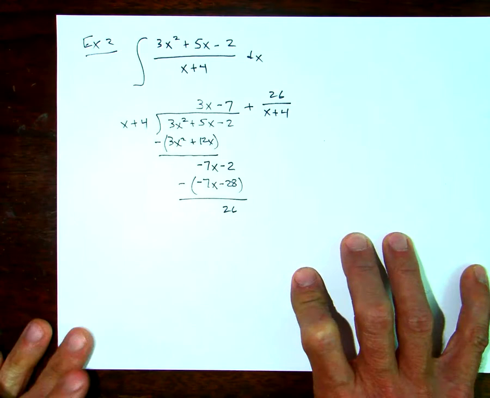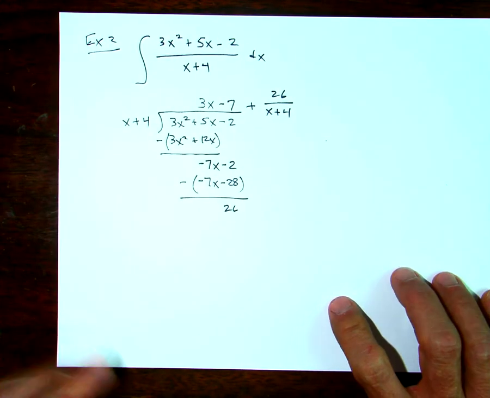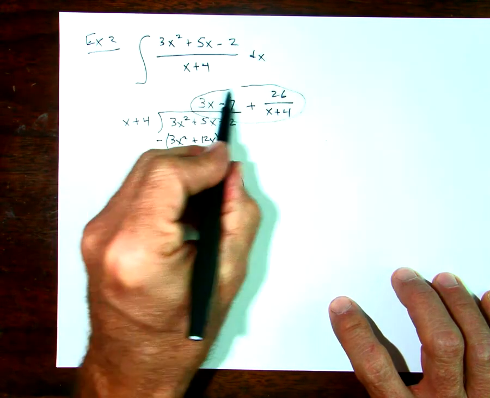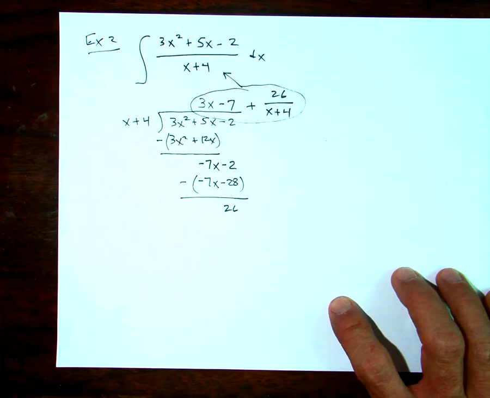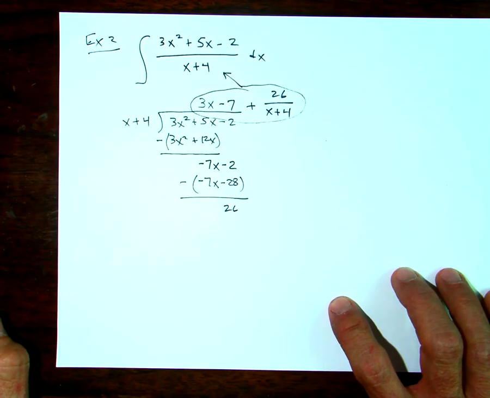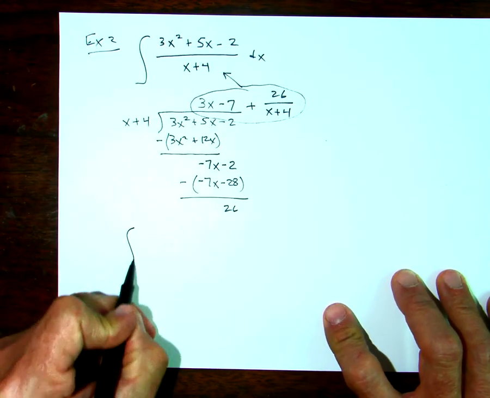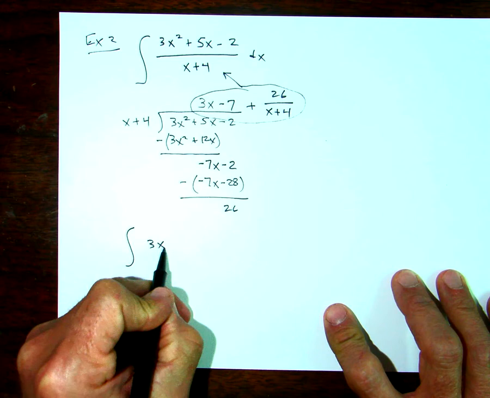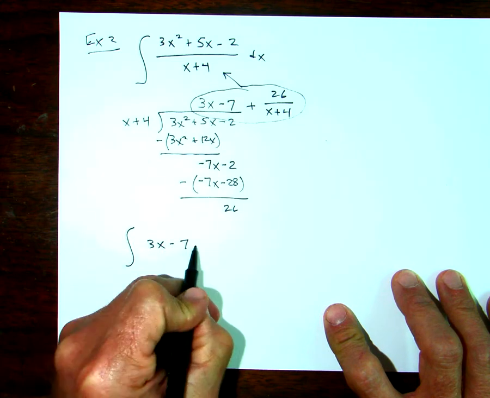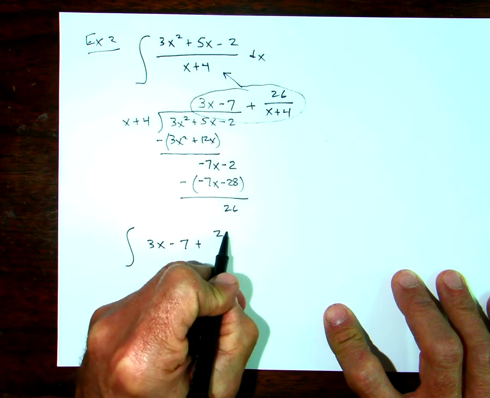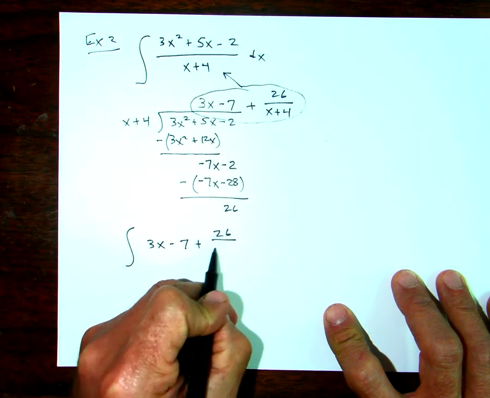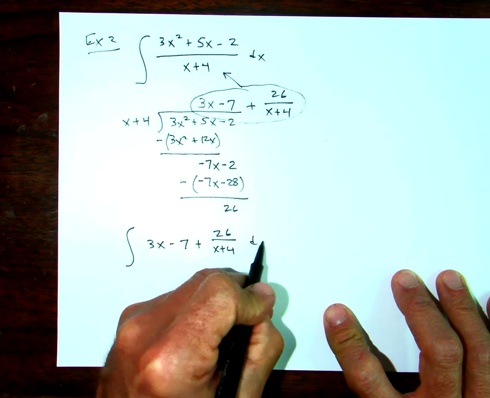All right. So basically, what this whole thing right here now is equivalent to my original integrand. Right? I just basically have simplified it. So now my new integral looks like 3x minus 7 plus 26 over x plus 4 dx, this whole thing.